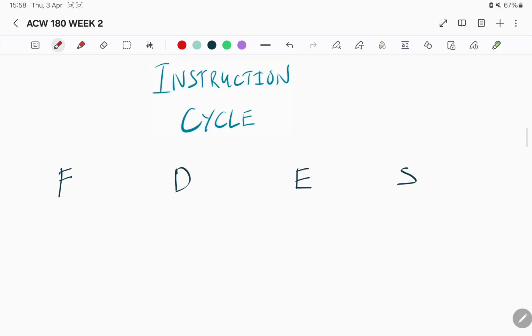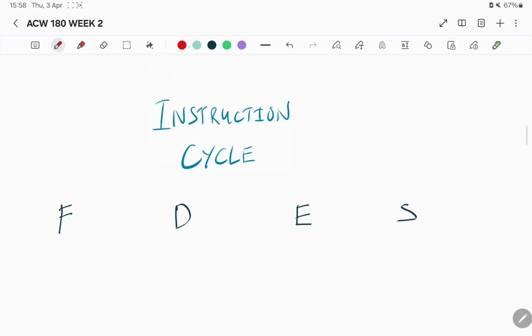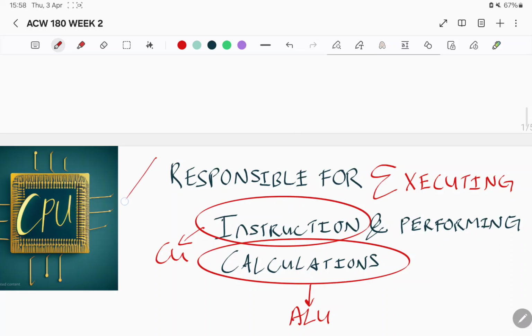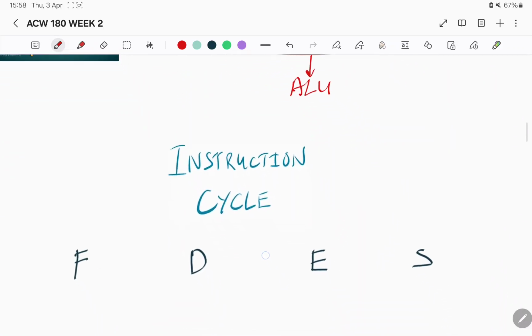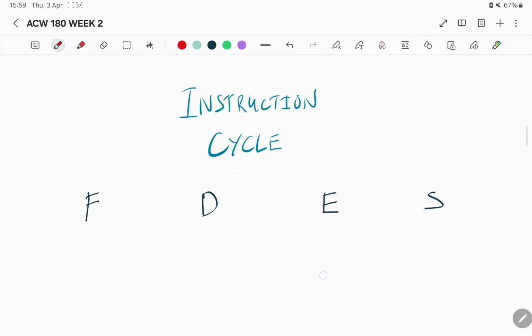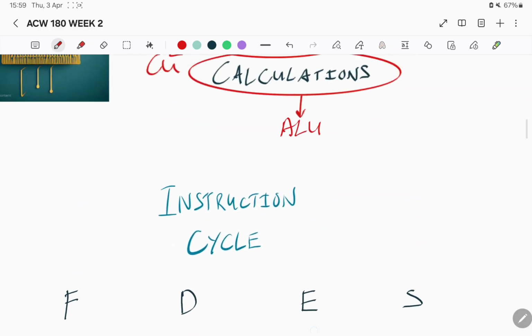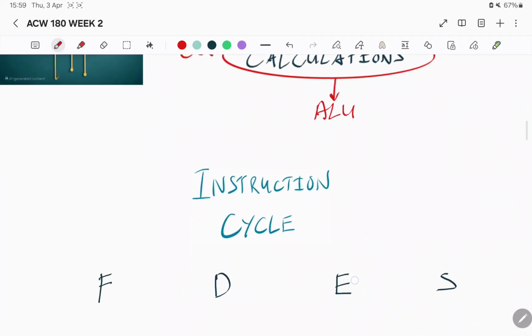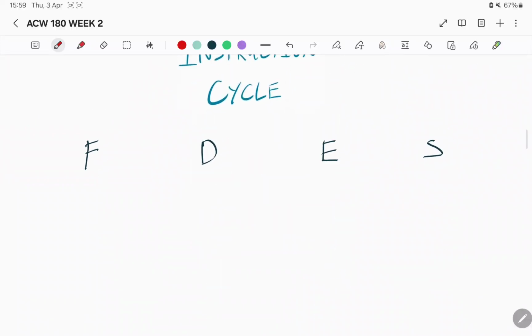Then let us look into detail on this one. Very important, mark a star over here. More important, we talk about how the CPU performs the instructions, or what they call the instruction cycle.